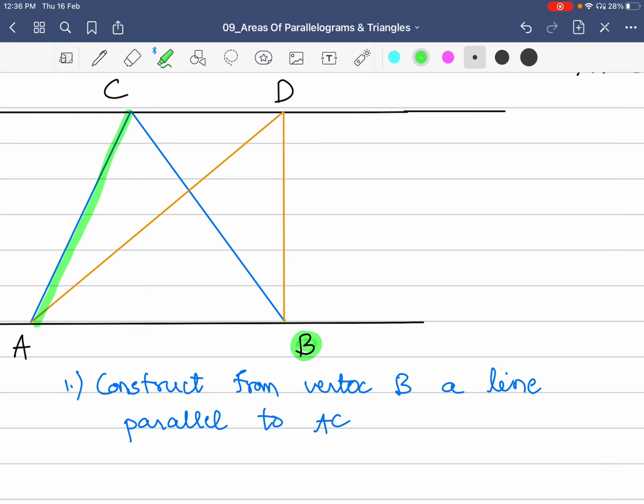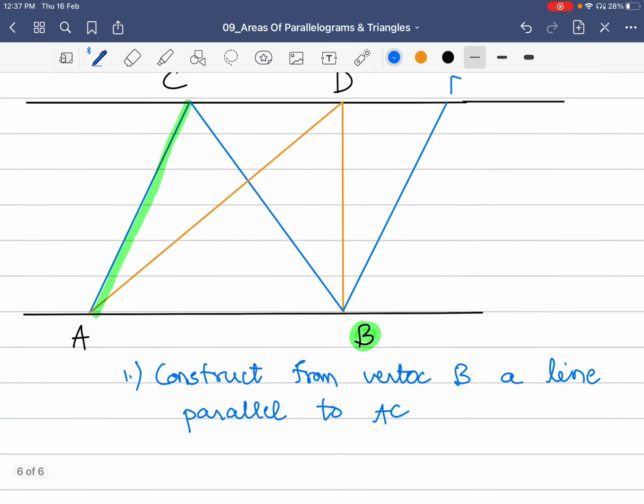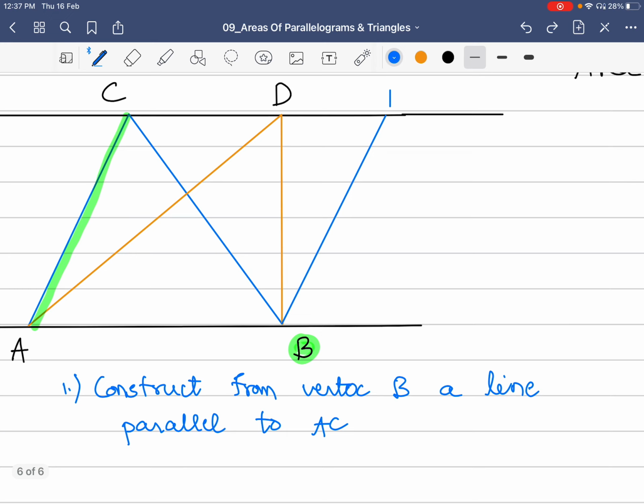So from vertex B, I'm going to draw a line parallel to AC. It will look somewhat like this. Now let's call this point P.